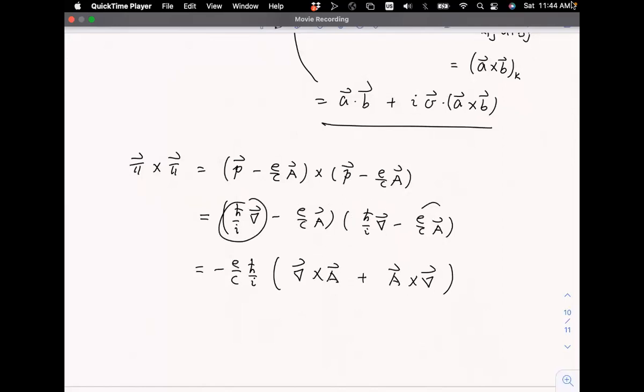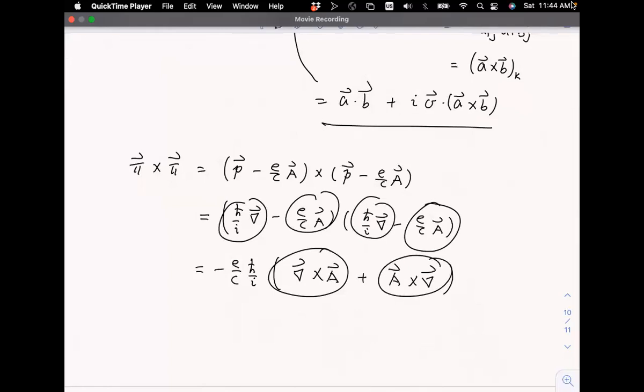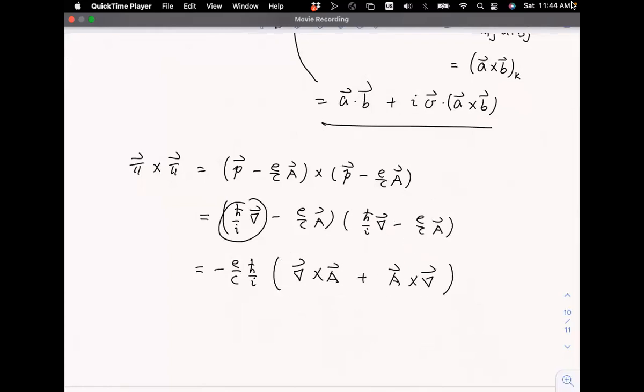Sorry, this one cross this will give you this, and this one cross this will give you this. So they are all operators. So what does it mean? This one means you have a wave function, you multiply on A first, and then do the curl on the product. This one means you do the gradient first and then cross product with A.